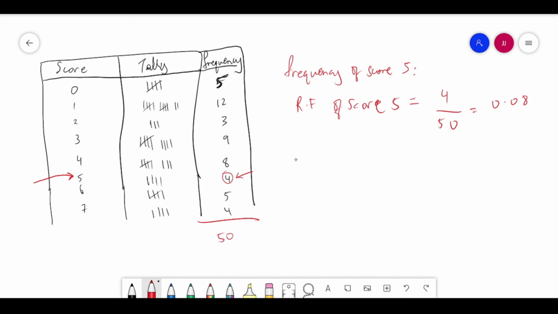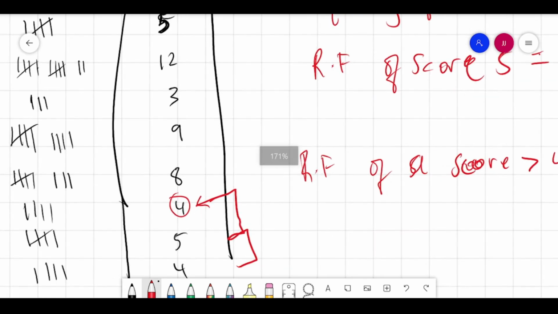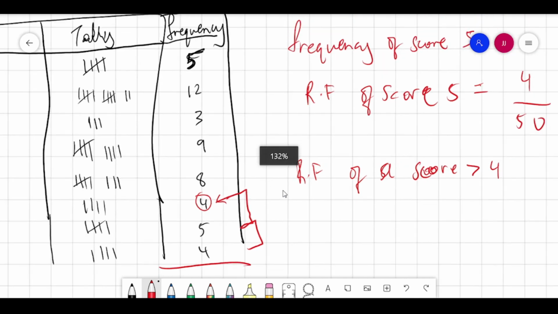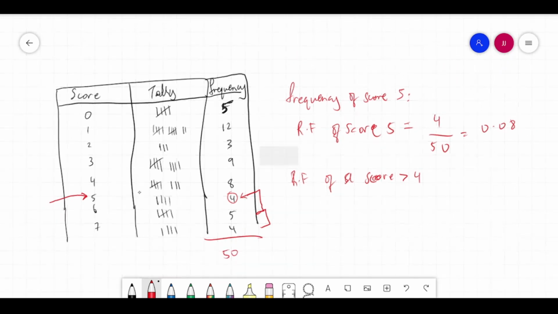Now let's say we want the relative frequency of a score more than 4. So more than 4 will be everything underneath 4, which will be 5, 6, and 7.